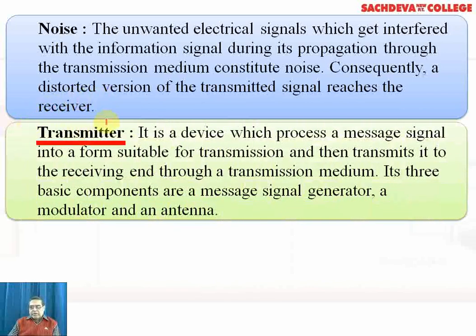Now we come towards the transmitter. It is a device which processes a message signal into a form suitable for transmission and then transmits it to the receiving end through a transmission medium. I have explained earlier, the transmission medium will be free space. When we use this term free space, we are referring to air or vacuum.